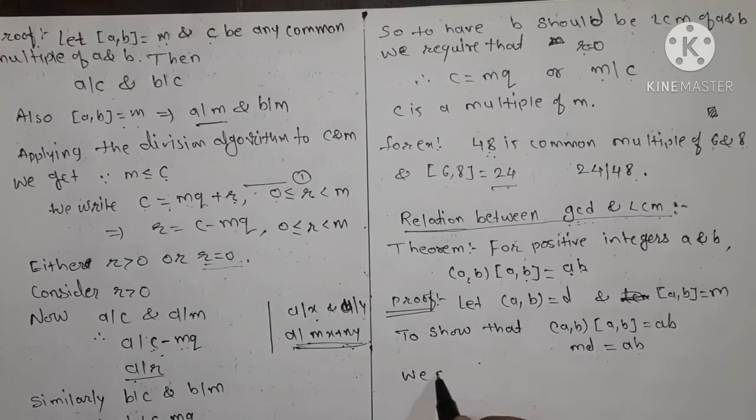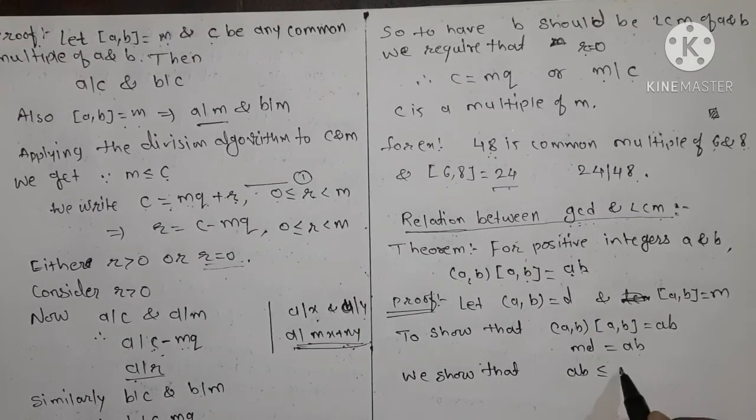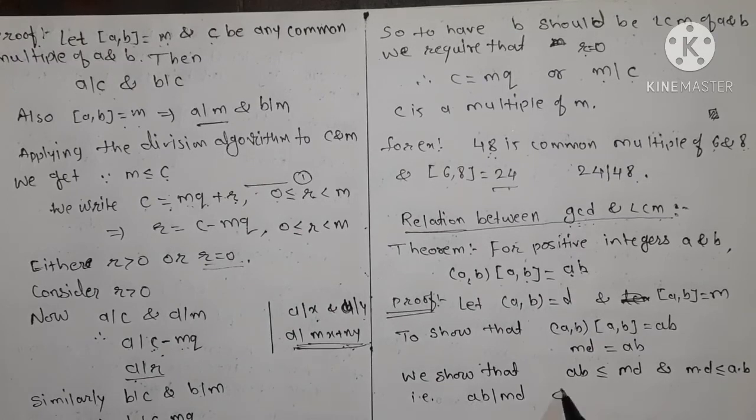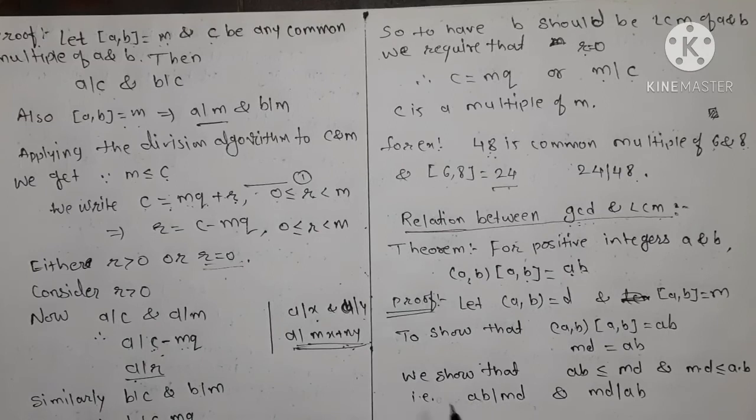So to show this, we show that AB is less than or equal to M into D, and M into D is less than or equal to A into B. That is, AB divides M into D and M into D divides AB. Okay, so we have to prove this.